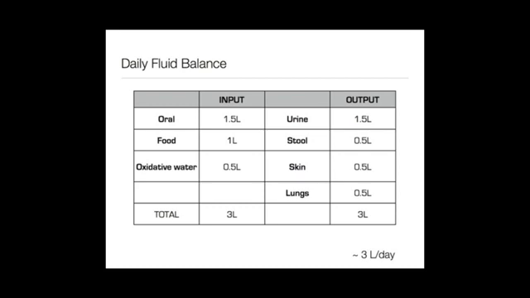In terms of output, this tends to vary hugely, with about 1.5 litres in the urine, half a litre in the stool. But most importantly, you must remember that there's an insensible loss that occurs through the skin and the lungs. And Johnny's going to talk a little bit later about how this becomes important in disease.